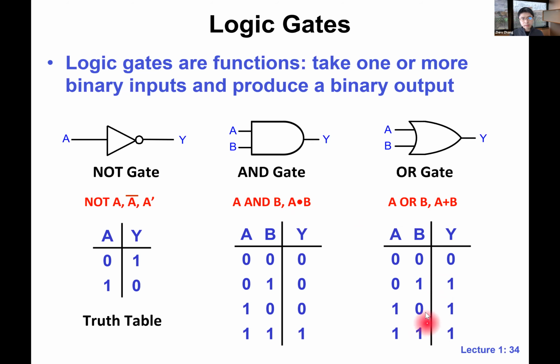And these are the input rows. Each row is an input row, and each row corresponds to an input combination. In this OR gate, we only have a 0 when both A and B are zeros. That's it. And we usually use the plus notation: we use A plus B to indicate the OR gate. Hopefully this is simple enough.